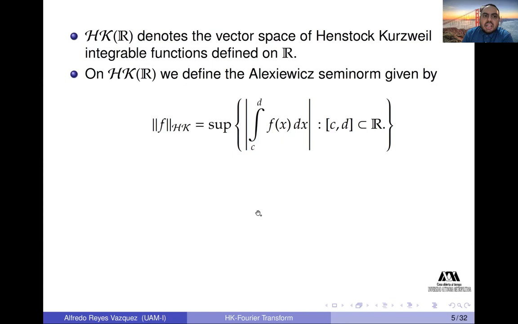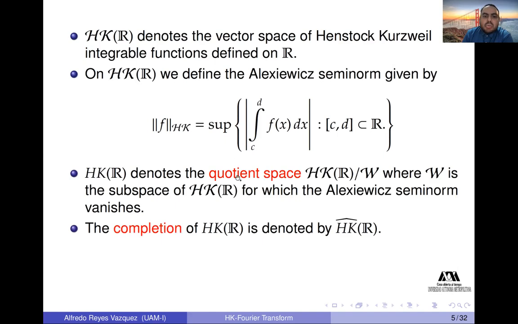Moreover, HK denotes the vector space of Henstock-Kurzweil integrable functions defined on the real line, where it is defined the seminorm of Alexiewicz given by a supremum. And when we consider this quotient space HK over W, we get a normed space.